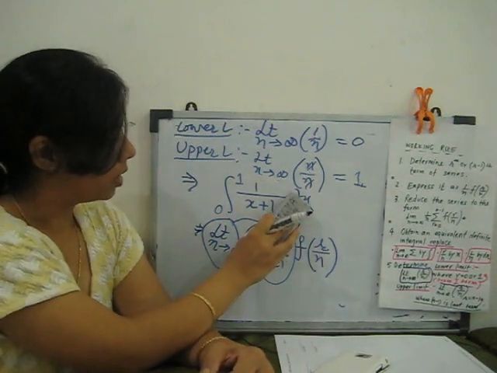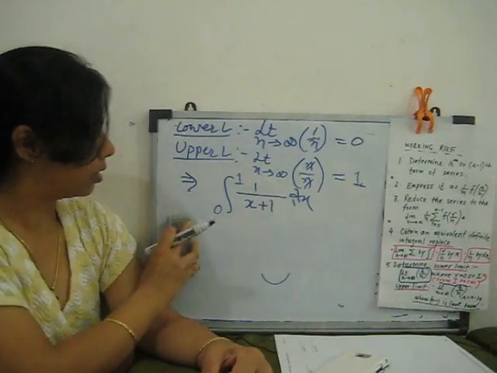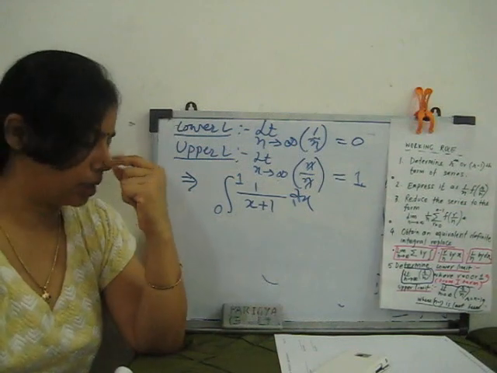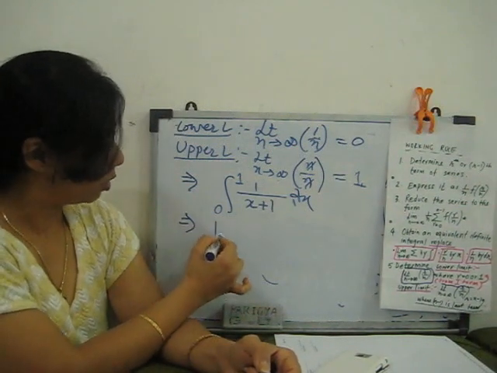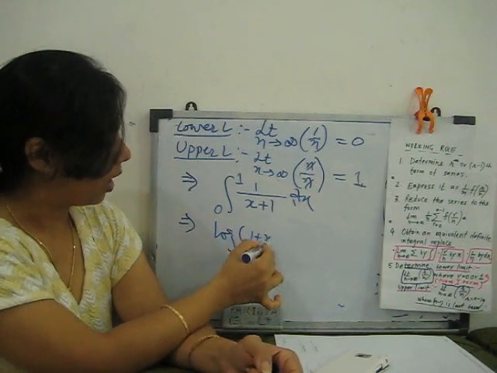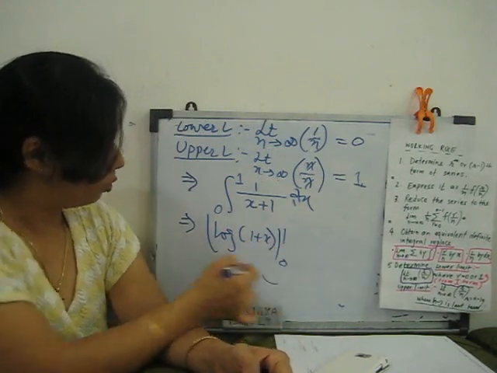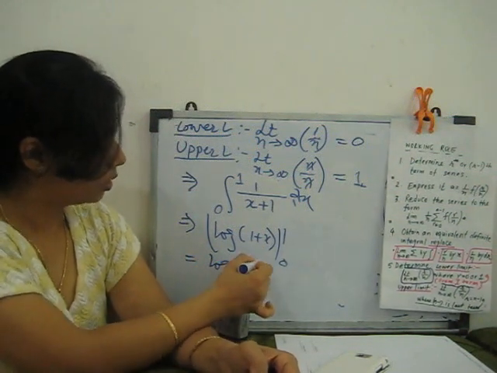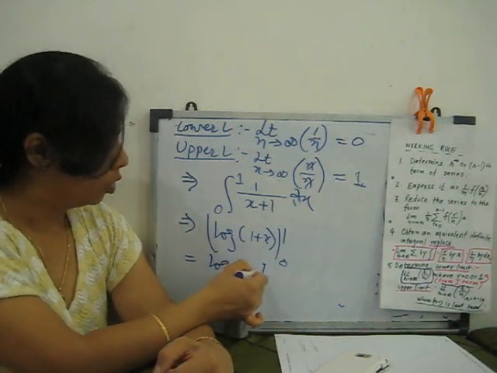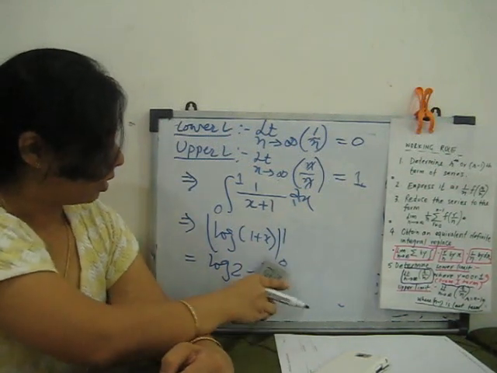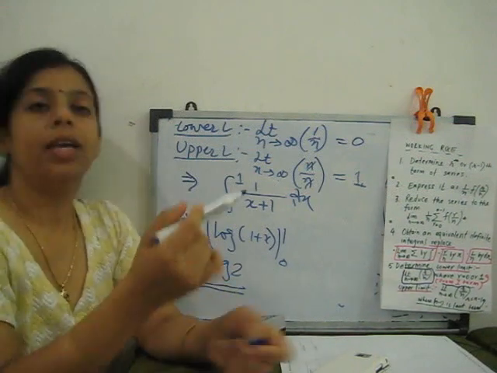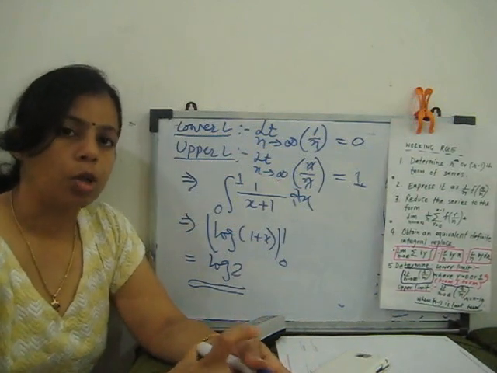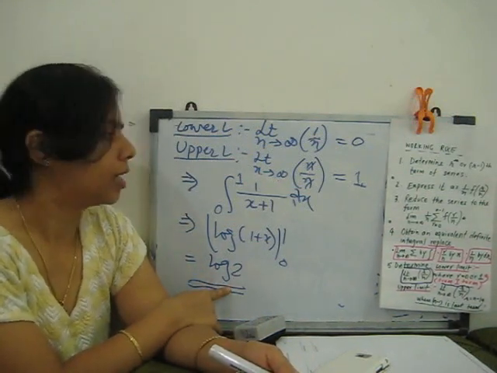So the definite integral becomes 0 to 1 of 1 upon x plus 1 dx. Just integrate it: this is log of 1 plus x, with limits from 0 to 1. So this gives log 2 minus log 1. Log 1 is 0. So the answer is log 2, meaning the summation of that series is log 2.